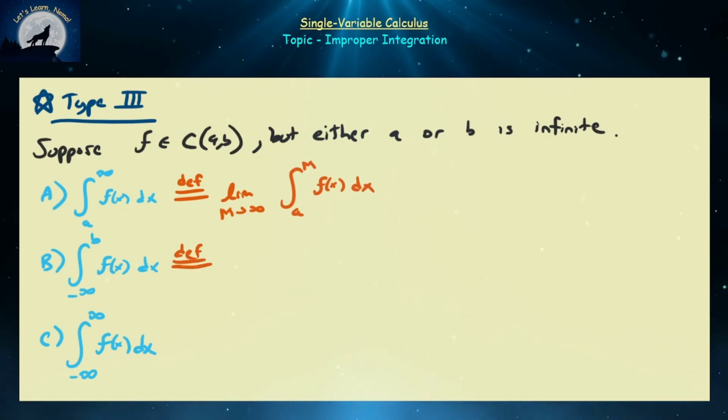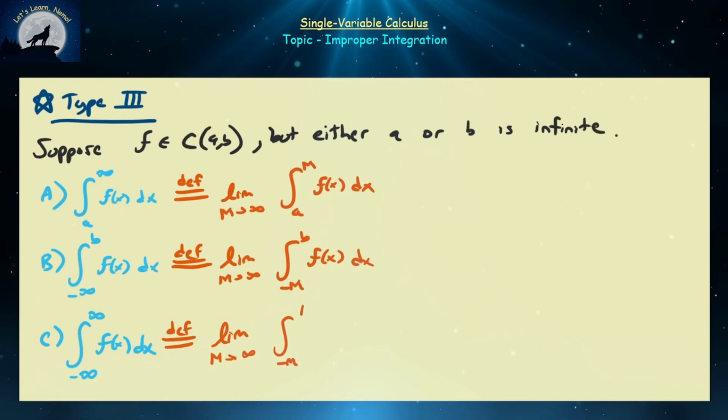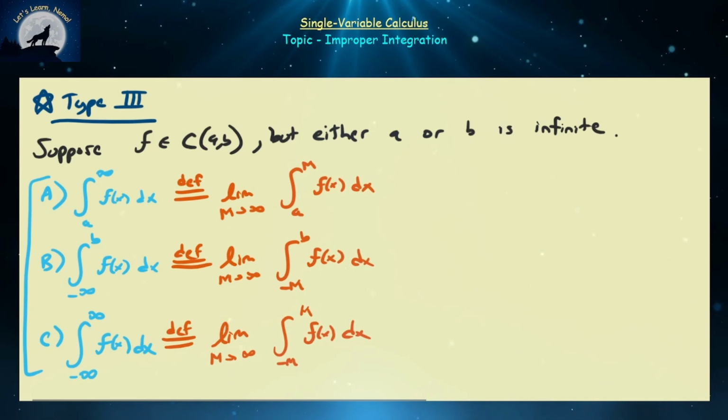And this next one is going to be defined to be equal to the limit as m goes to infinity of the integral from minus m to b of f of x dx. And this last one is defined in a similar fashion: the limit as capital M goes to infinity of the integral from minus m to m of f of x dx. So those are the three cases of this particular type of improper integral.